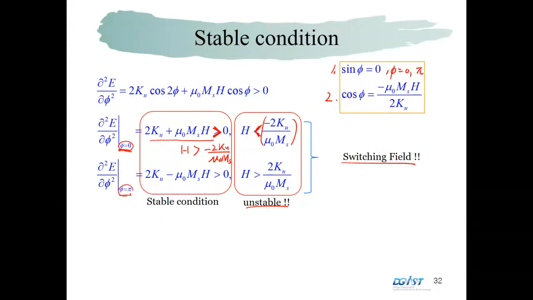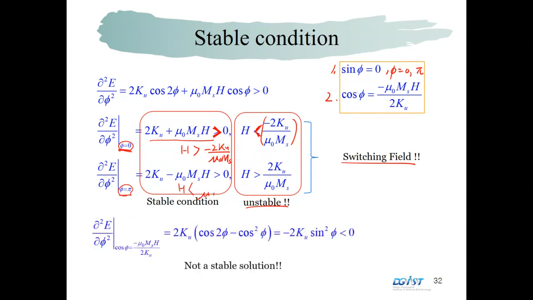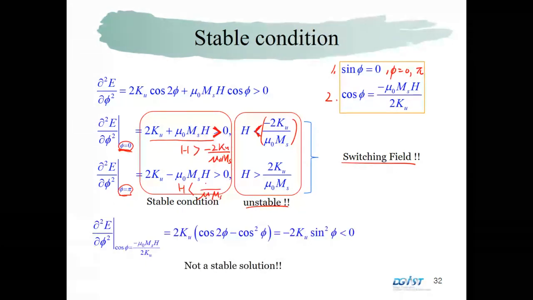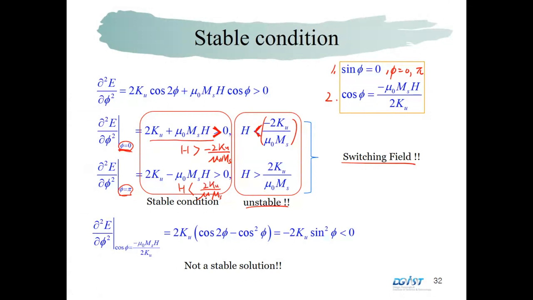The same thing happens when angle phi is pi, only the difference is the sign. So when h is smaller than this value, they are stable. But if h is larger than this value, then there is another switching condition.